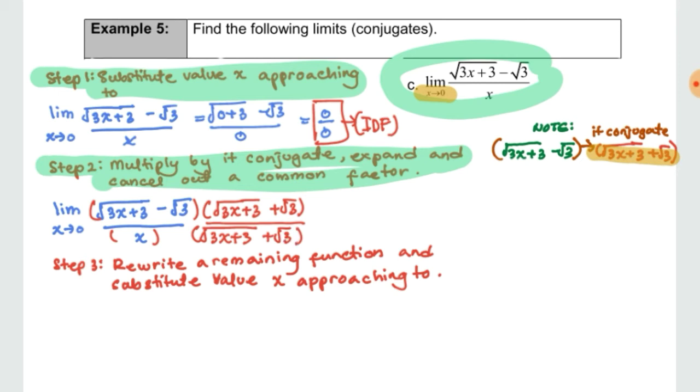By the way, we need to expand the part multiplied by the conjugate. This part we must expand.